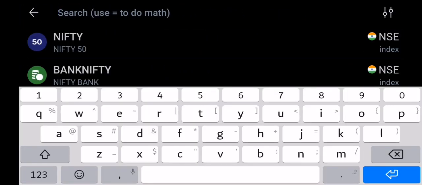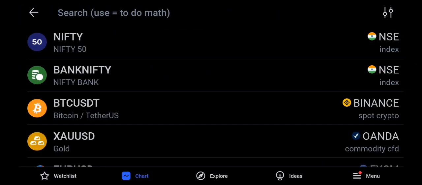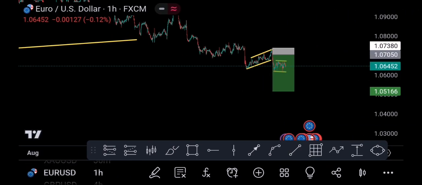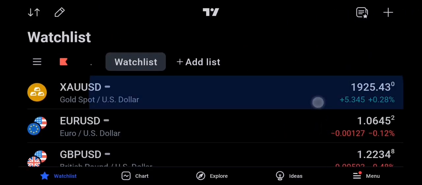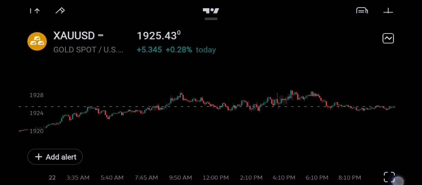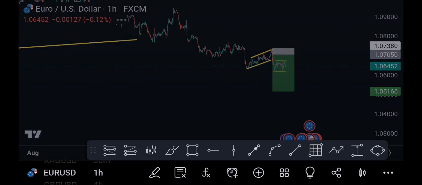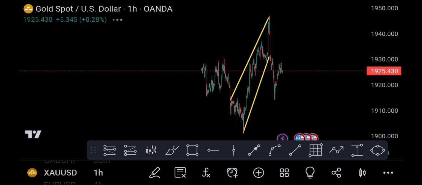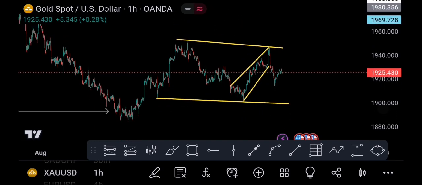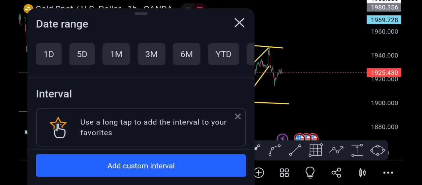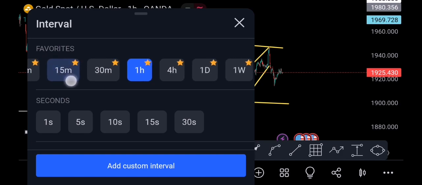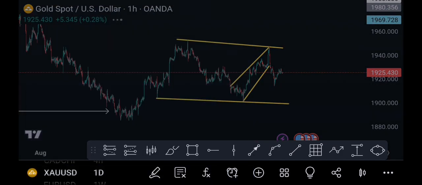But I did not analyze gold. I did analyze gold, but I did not share it on the group. So this is what I have on gold, but I won't be discussing a lot.